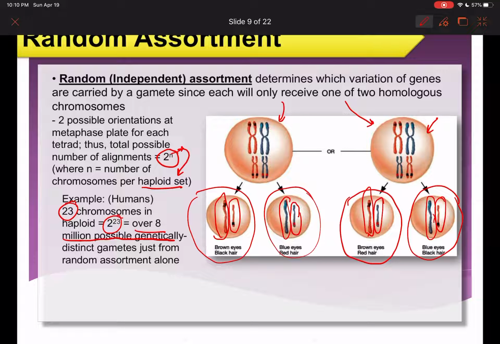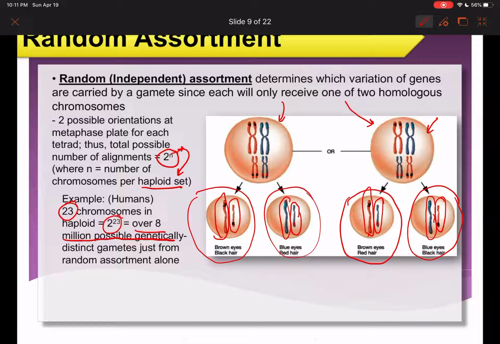We're not even taking into account the swapping and exchanging of DNA segments during crossing over. Just from independent assortment alone, we can already generate 8 million genetically different sex cells, whether it be sperm or egg.